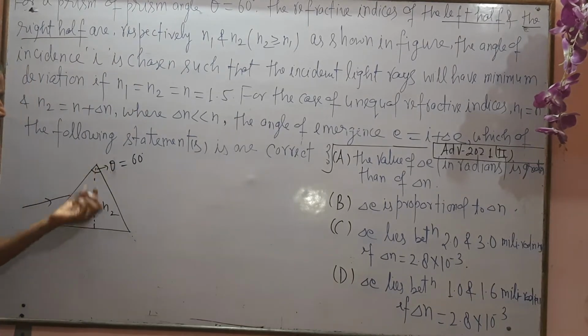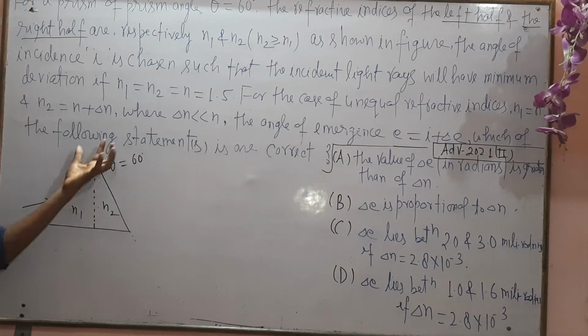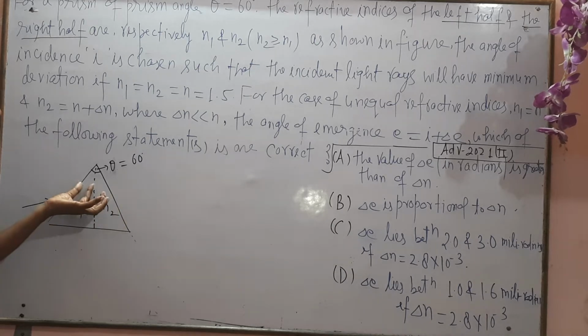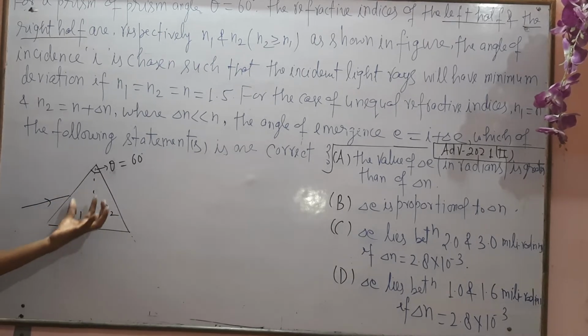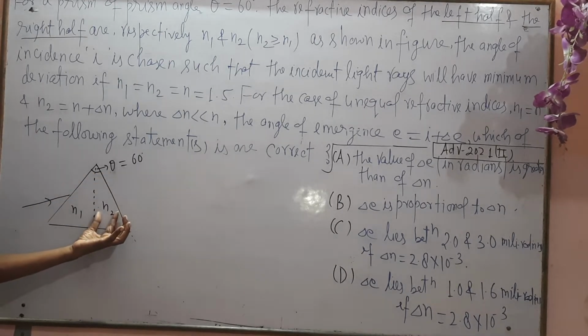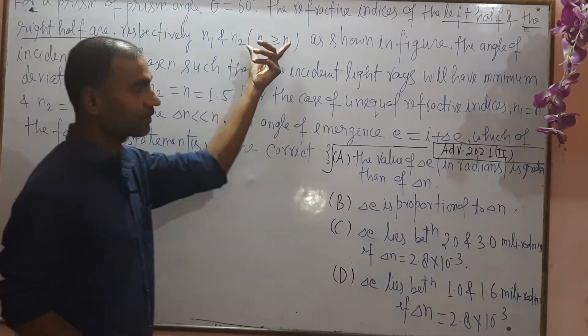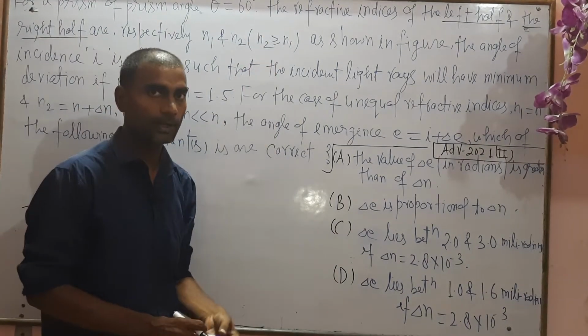This is the prism, this is the left half portion, and this is the right half portion. The refractive index of the left half is n1 and the refractive index of the right half is n2, and the given condition is n2 is greater than or equal to n1.